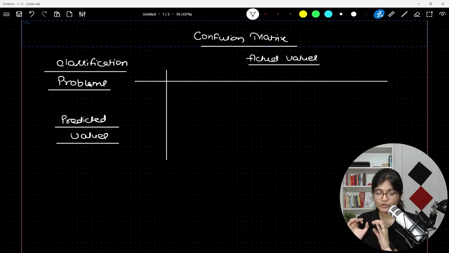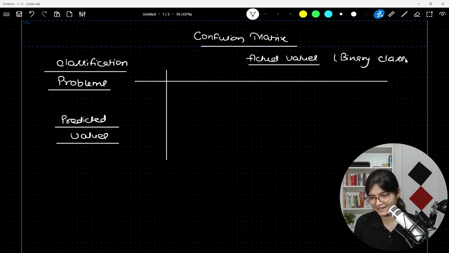You can apply similar knowledge to other classification algorithms that we will discuss in the upcoming part of the course. Now you know that either our actual value will be 0 or 1, because as of now we are dealing with a binary classification task, right? When it's a binary classification, we either have a value of 0 or a value of 1. Or in other words, either the value is positive or the value is negative, right?